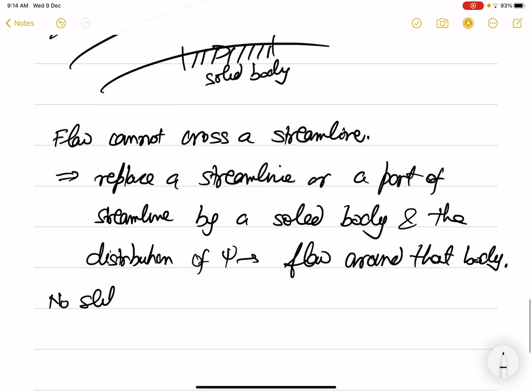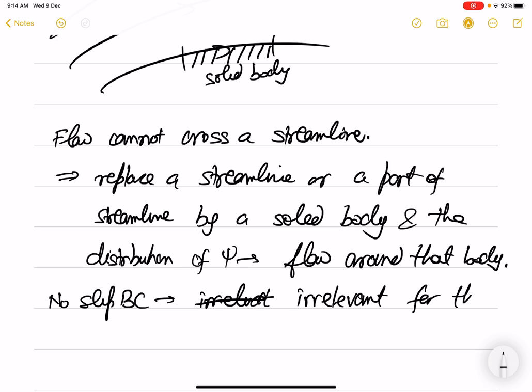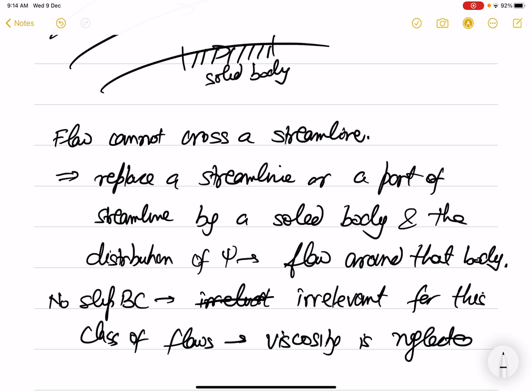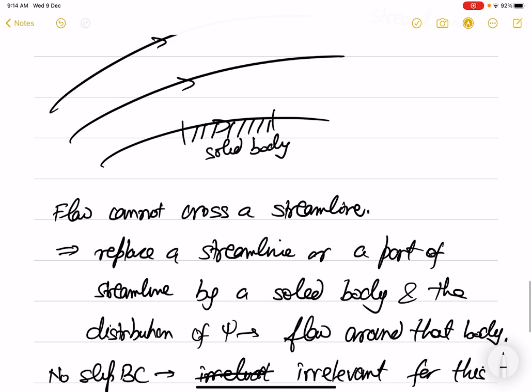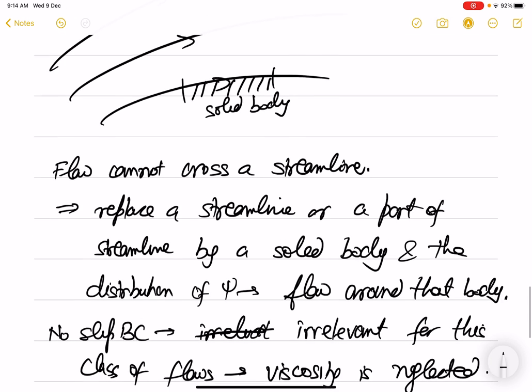But then the no-slip boundary condition is irrelevant for this class of flows, because viscosity is neglected. And we have seen this in detail in the last lecture, that viscosity can be neglected.